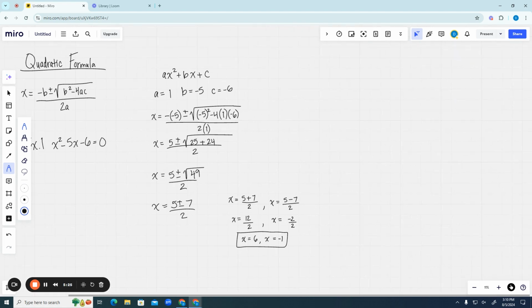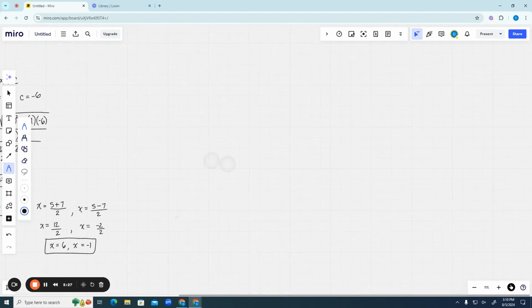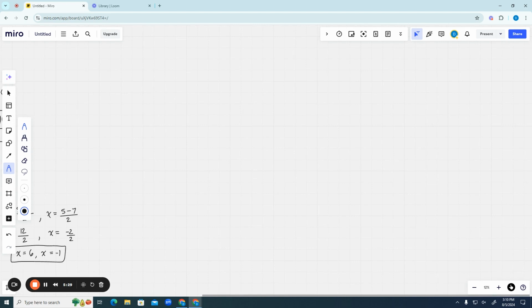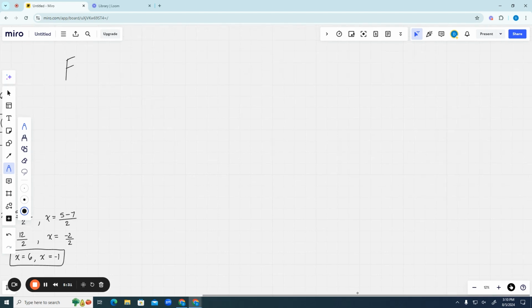So now we can start with another example. Remember that this problem is in the standard form like this.